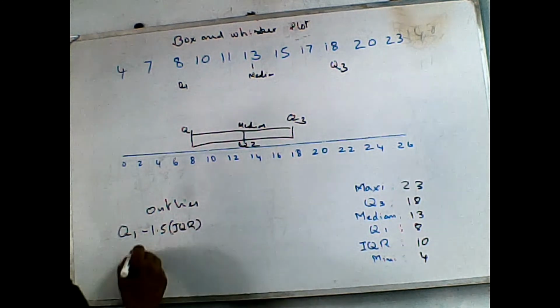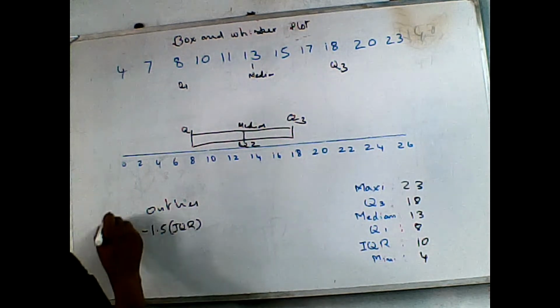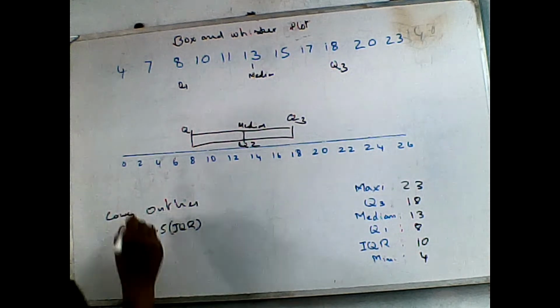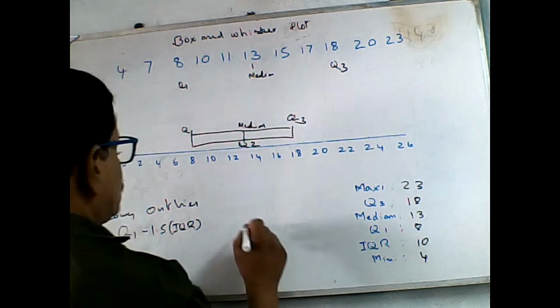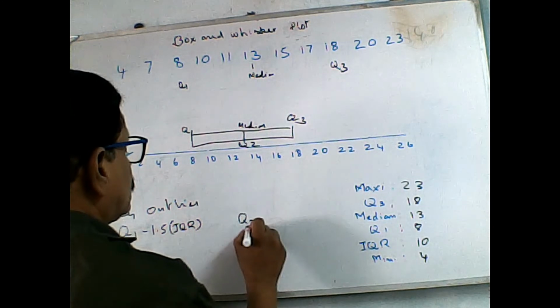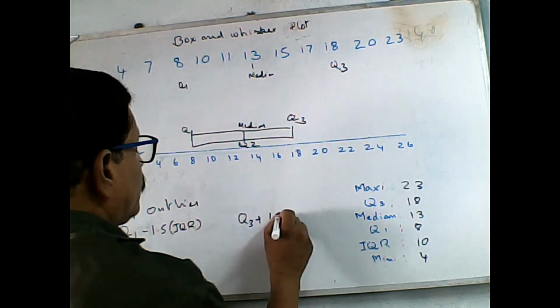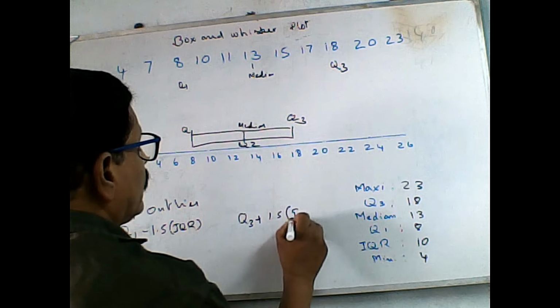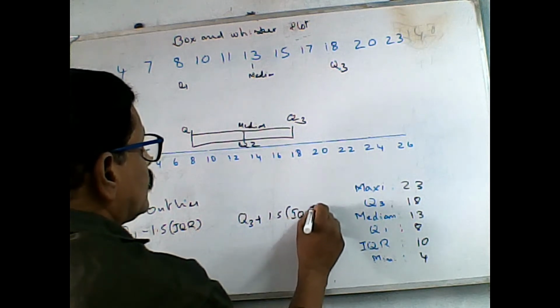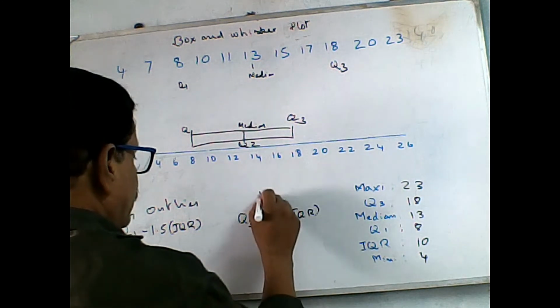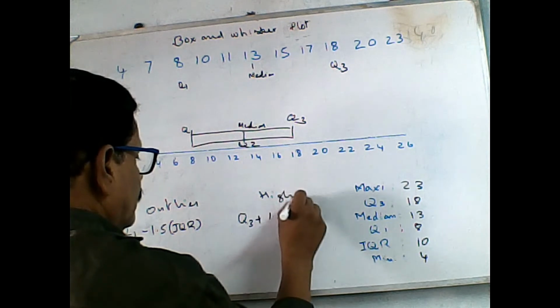This is the lower. The higher is Q3 plus 1.5 times the interquartile range. These are the higher.